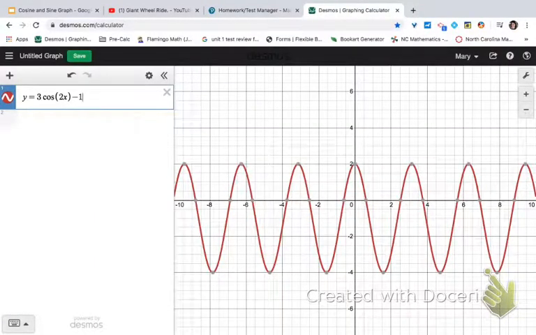As you can see, I took the equation we were graphing earlier and plugged it into Desmos. And here we have a beautifully drawn graph that is very easy to identify my minimums and my maximums.